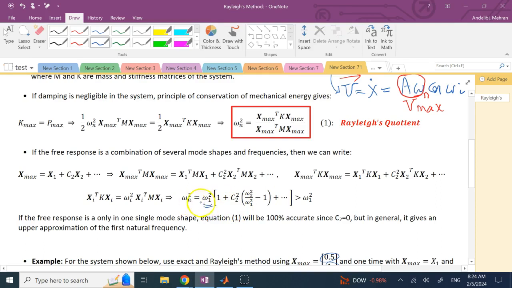So if your estimate is bigger than omega 1 and you go bigger than that, then you're sure that whatever you chose for operating frequency is definitely bigger than omega 1. But if you underestimate omega 1 from this formula, so let's go with numbers, the actual omega 1 is 1000. Rayleigh quotient gave you maybe 1300 or 1400.